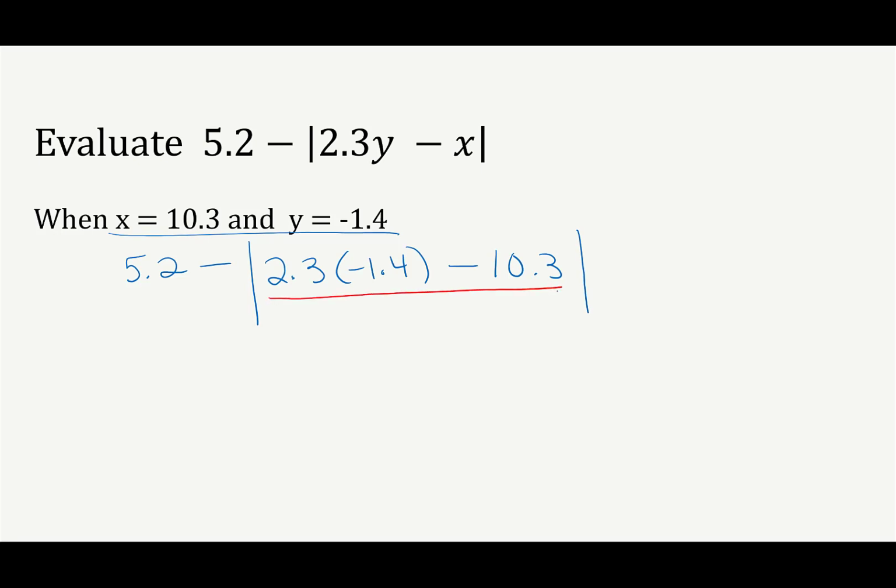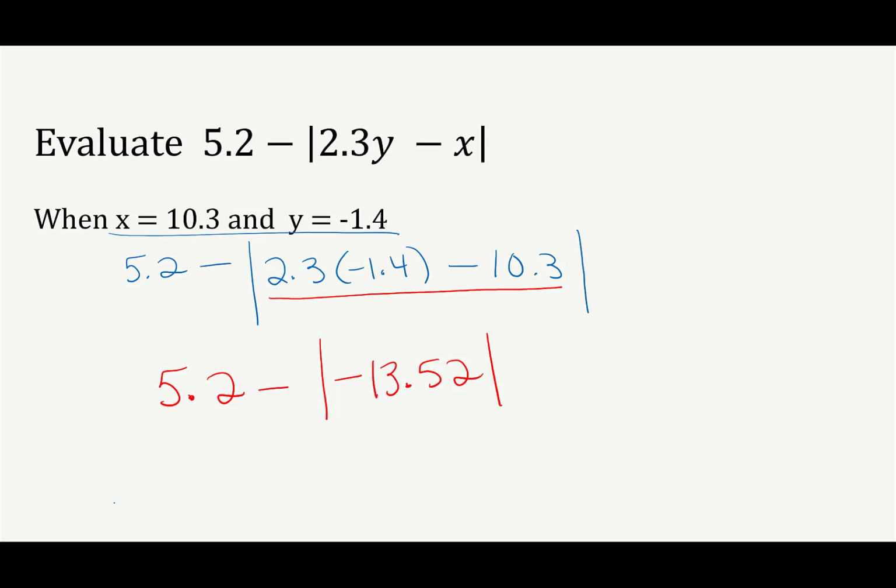I want you to first work out what's inside of the absolute value bars. Multiply 2.3 times negative 1.4 and subtract 10.3. It gives a value of negative 13.52. That is still inside the absolute value bars. Remember what absolute value bars are.